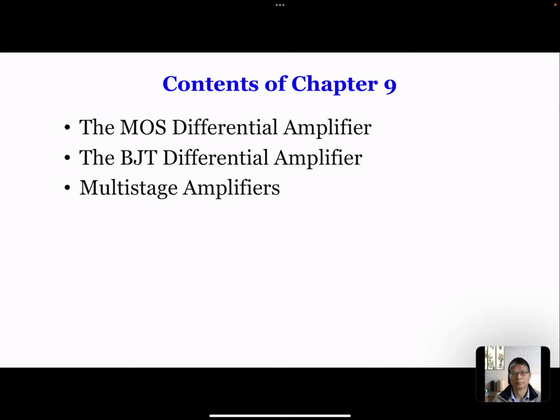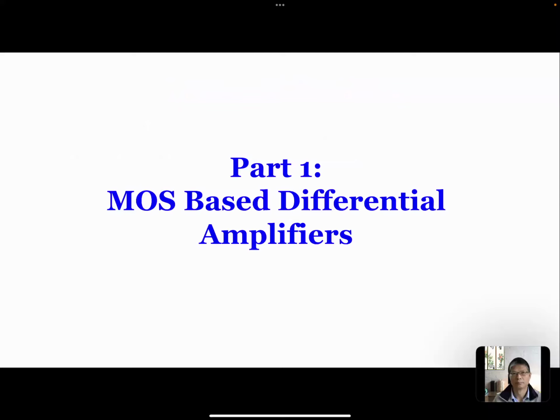In our last lecture, we're going to talk about the multi-stage amplifiers, which are basically used to design things like op amps. We are going to discuss them one by one, and as I said, in part 1, we're going to focus on MOSFET differential amplifiers.